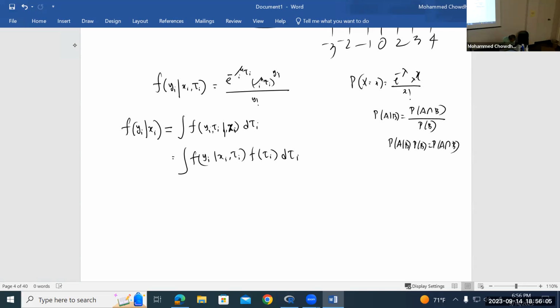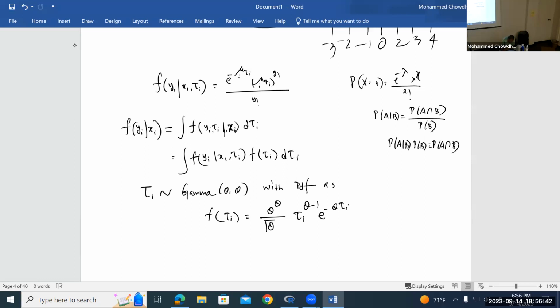Now we have to assume something: tau_i follows a gamma distribution, gamma with parameters theta, theta, with probability density function f(tau_i) equal to theta to the power theta over gamma of theta, times tau_i to the power theta minus 1, e to the power minus theta tau_i.